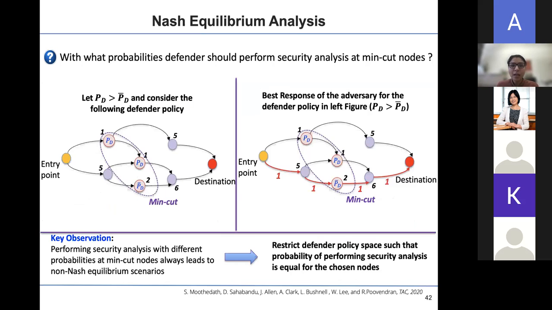The key observation is that performing security analysis with different probabilities at min cut nodes always leads to a non-Nash equilibrium scenario. Thus we add a condition that restricts the defender policy space such that the probability of performing security analysis is equal at all the chosen nodes. That is, all the min cut nodes have equal probability of being chosen as a security checkpoint.